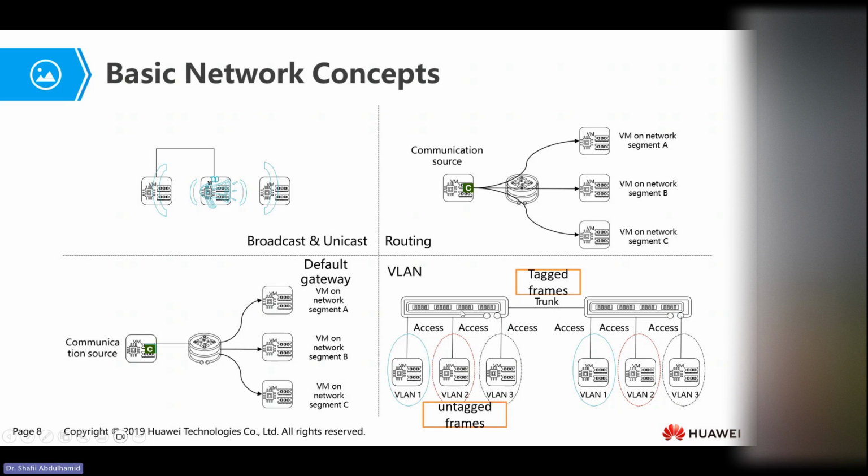Of course, on the switch, you can have different virtual LANs, and inside the VLANs, we have different virtual machines. Another thing I need to explain is that an access link simply communicates what are called untag frames.